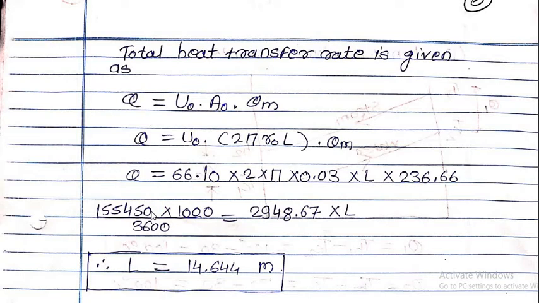So we have to convert that into joule per second. For that purpose we multiply with 1000 and divide by 3600. So it is equal to 2948.67 multiplied by L. So by rearranging we'll get the length of the heat exchanger or length of the tube equal to 14.6444 meter. Okay, so that is our first problem.